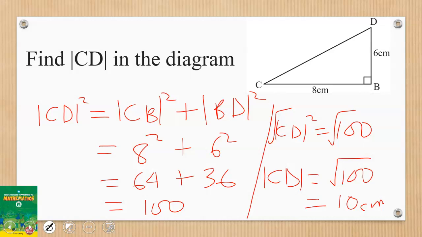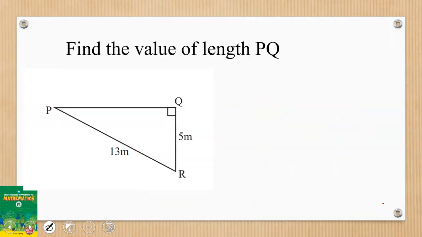Now let's take another example and see. This time around we have another right angle triangle with the length PR given as 13, that's the longest side. QR is 5, and then we want to find the length PQ.